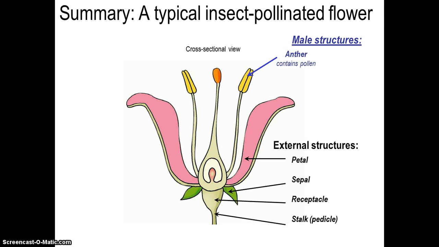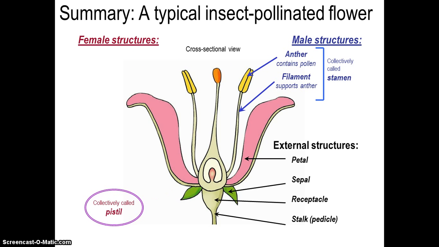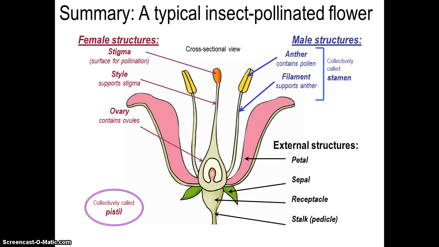The male structures containing the anthers and the filaments, and the female structures, the stigma for pollination and the style to support the stigma. The ovary contains the ovules. Inside the ovules is where the female gametes are.